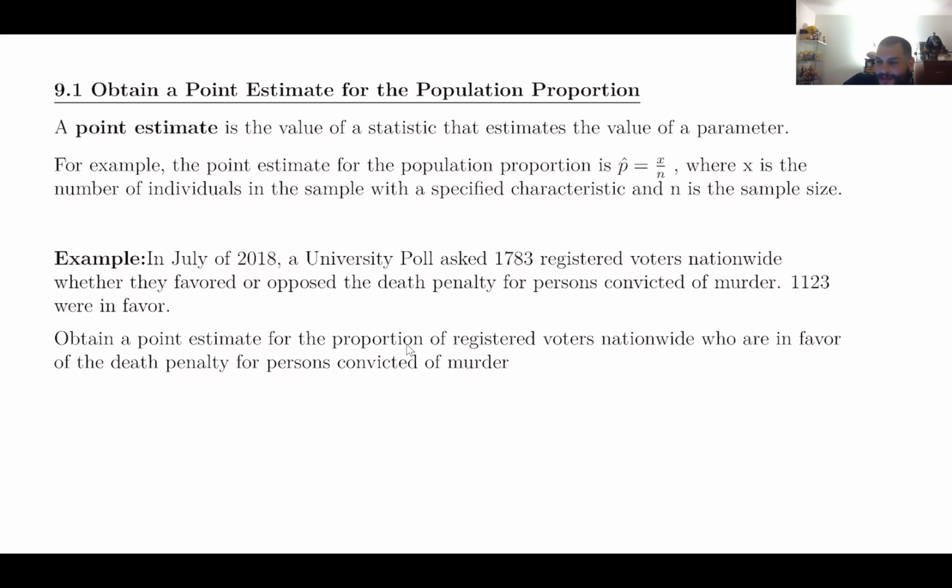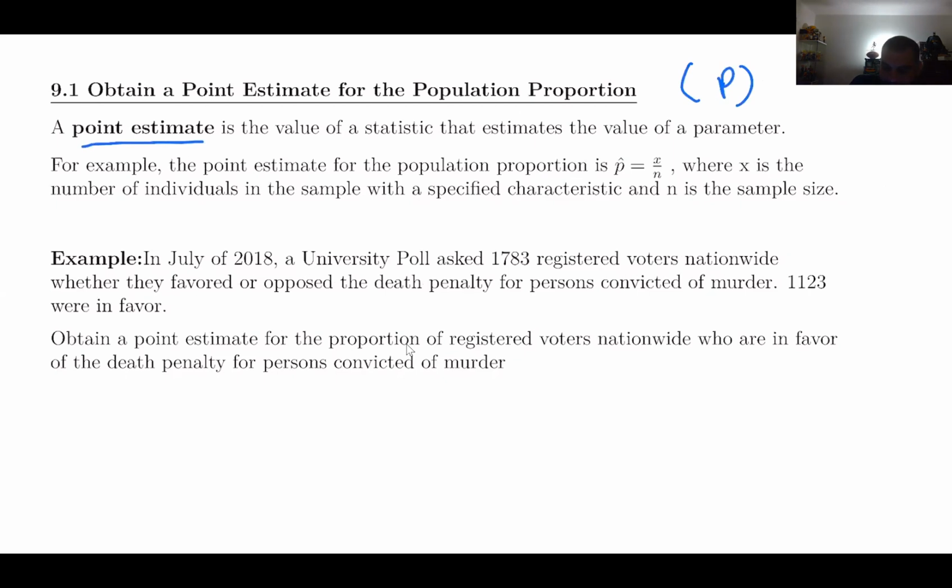So in this case, for 9.1, we don't have the population proportion. So I don't know what the population proportion is. We're gonna use a confidence interval to estimate that. So if I don't know the population proportion, I want something to estimate it. That way we have something called a point estimate.